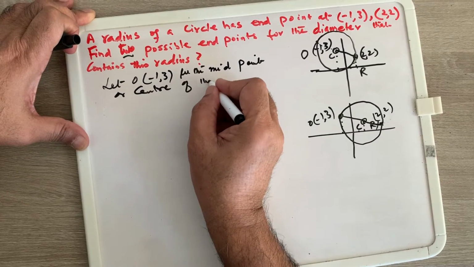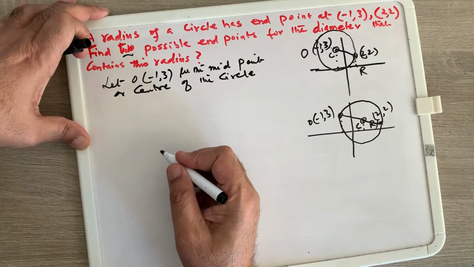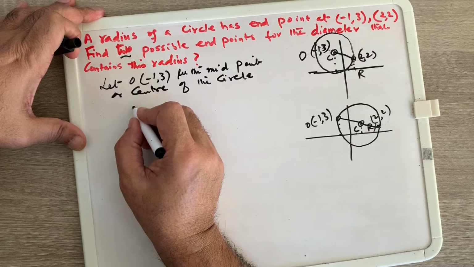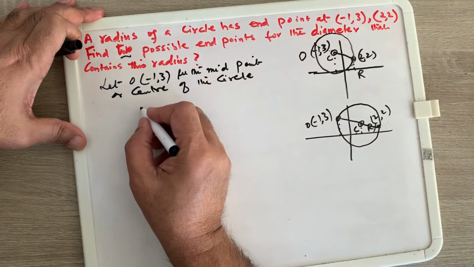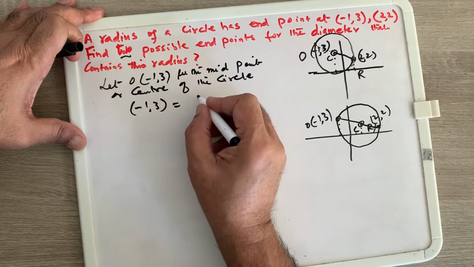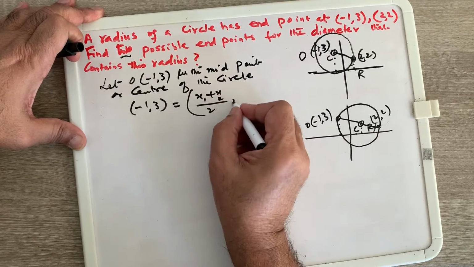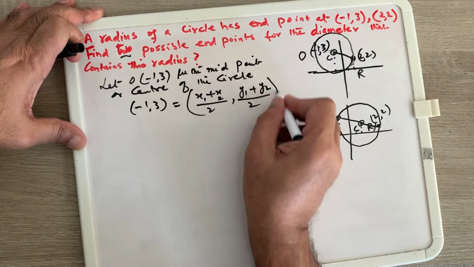This is my assumption 1, for picture 1. Then I can use the midpoint formula, which is (x1 plus x2) divided by 2, comma, (y1 plus y2) divided by 2.